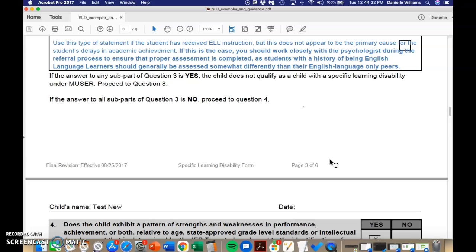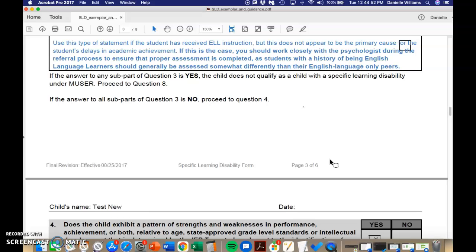If that's the case, it's really important that the evaluation was actually approached from a lens of providing an appropriate and reliable and valid assessment for a student who's an English language learner. It's often approached differently than for a student who's not an English language learner.